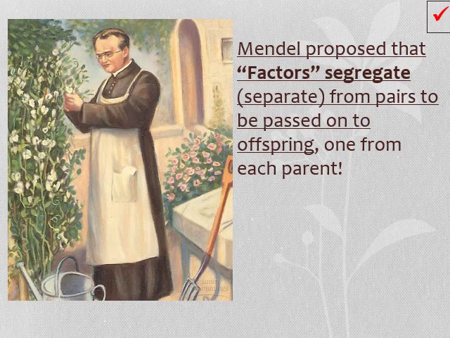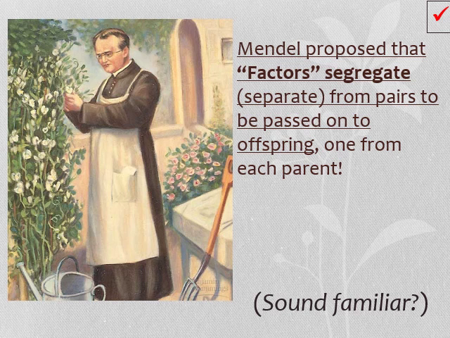Now, Gregor Mendel proposed that certain factors segregate, or separate, from pairs to be passed on to the offspring. This is just saying that different variations are passed down from our parents. Each parent gives one variation. Does that sound familiar? If you think back, this makes sense because this is what happens during independent assortment during anaphase 1.